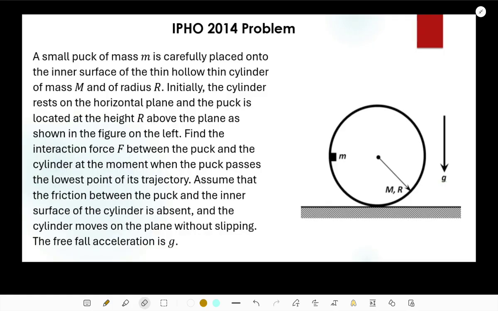The main thing is friction needs to act towards the right. So we have analyzed the problem initially.